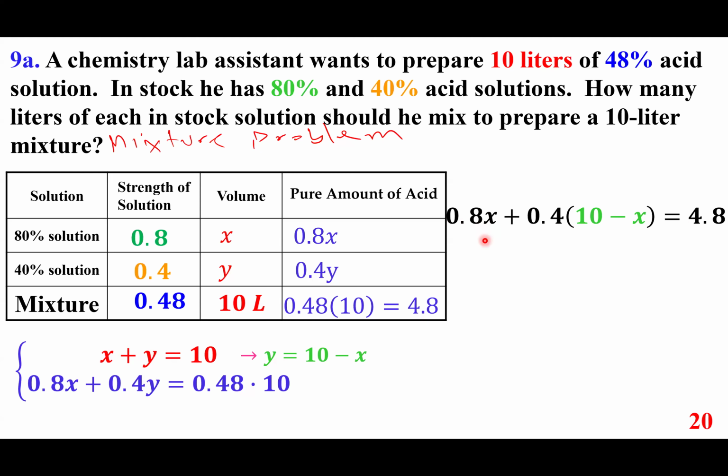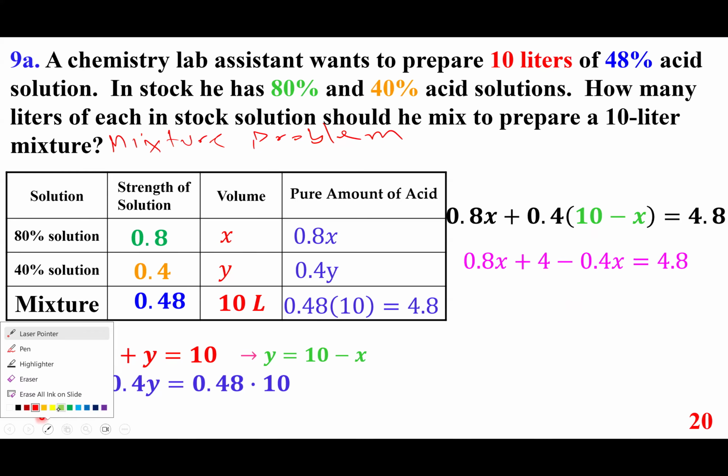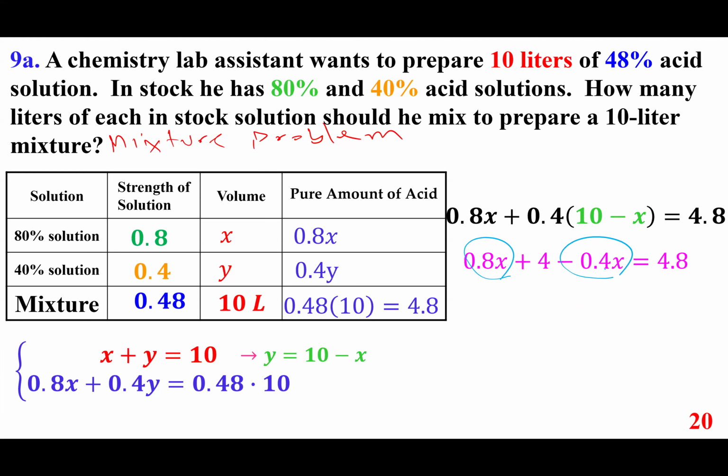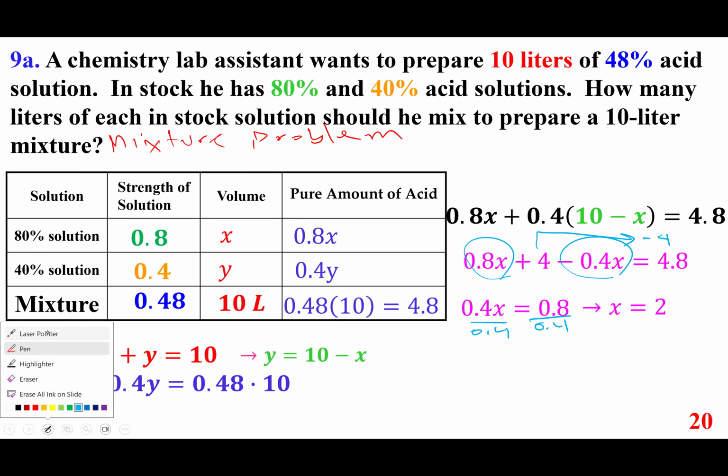So 0.8x, and we distribute, we get 4 minus 0.4x. By the way, 1 decimal, 1 0, they cancel each other. So these two add up to 0.4x, subtract the 4, and we get 0.8. Divide by 0.4, and x becomes 2.